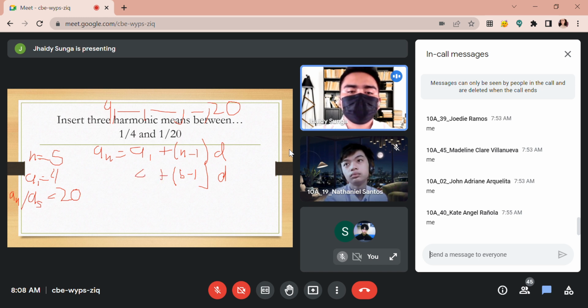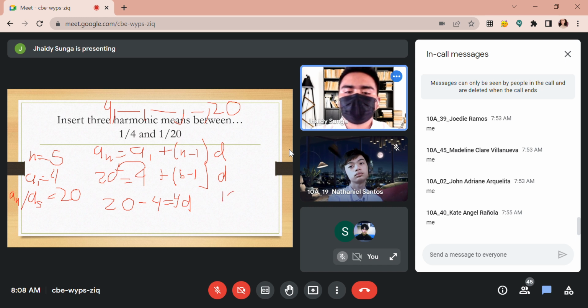So our a sub 1 is 4. If you input that one, it will become 20. We transfer the 4, right? So it will become negative 4. From here, 5 minus 1, it will become 4. Then you have d, right? So the equal sign is here. Okay, so from here, what are we going to do?